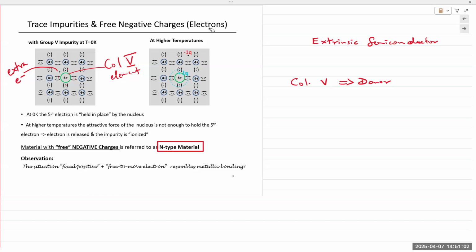No. So, okay, I understand the question now. The question being asked is, the fifth electron, we are saying it's free to move around, right? So if it's free to move around, it's creating a hole in there, right? That's what you're asking. But the point is that it's not bonded to anything in the first place. There's no covalent bond.